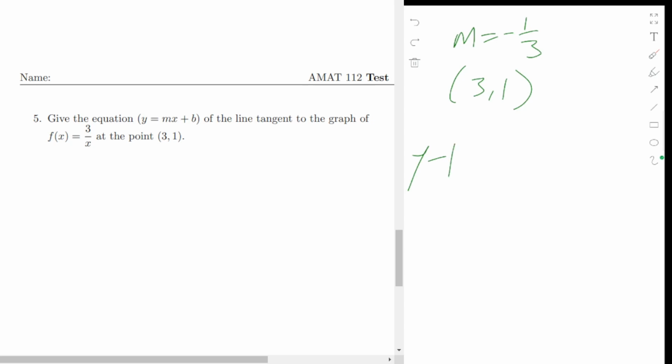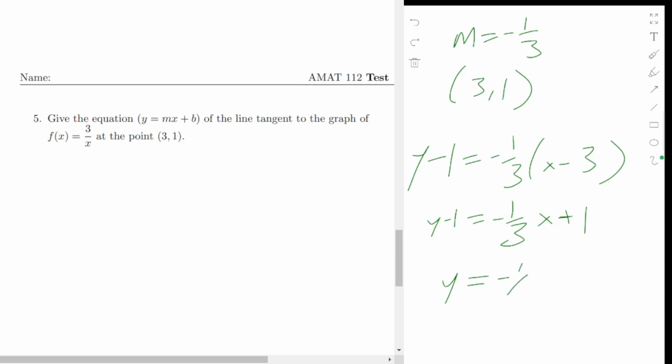Y minus 1 equals negative 1/3 times x minus 3. That on the right-hand side becomes negative 1/3 x plus 1 equals y minus 1, and we get y equals negative 1/3 x plus 2.